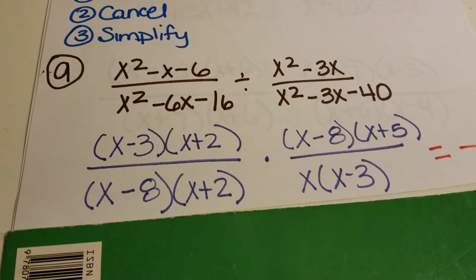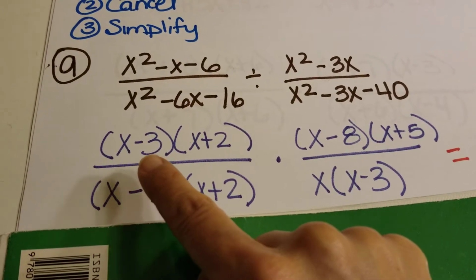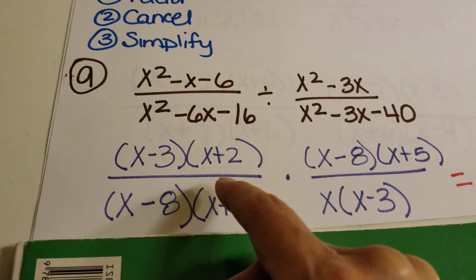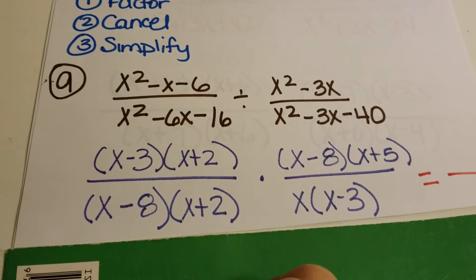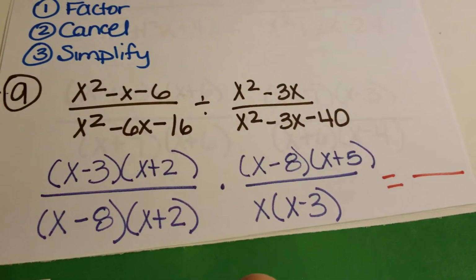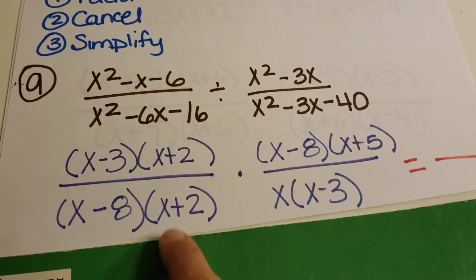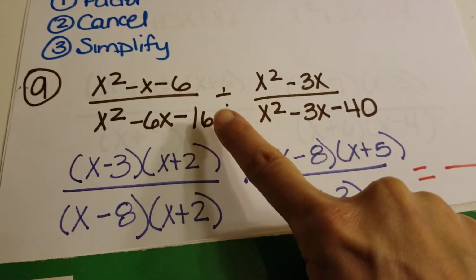Up here in my first numerator, I factored that to x minus 3, x plus 2. It's really important that you're a good factorer now, so make sure you're paying close attention to all that we learned so you can factor these with ease and also factor them correctly. In the denominator, we have x minus 8 and x plus 2. Now, here is a quotient problem. It's a division.